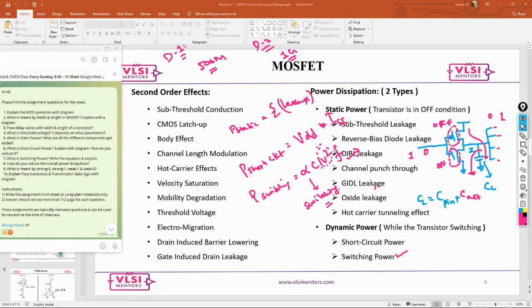Reason? Okay, great. Now remember, if you are working on 3 gigahertz plus designs, what will happen? Your overall power consumption would be very high.